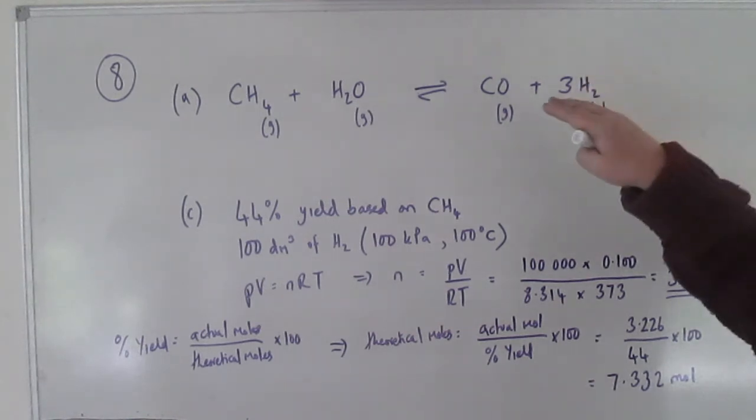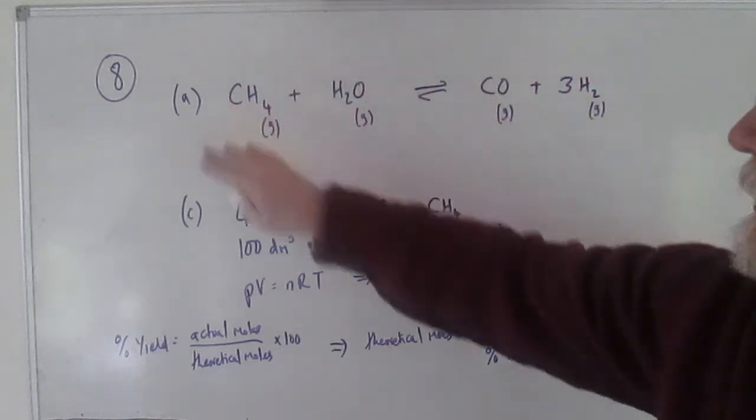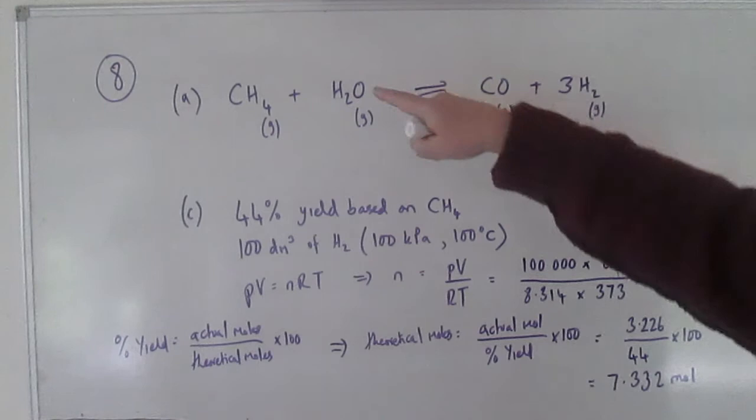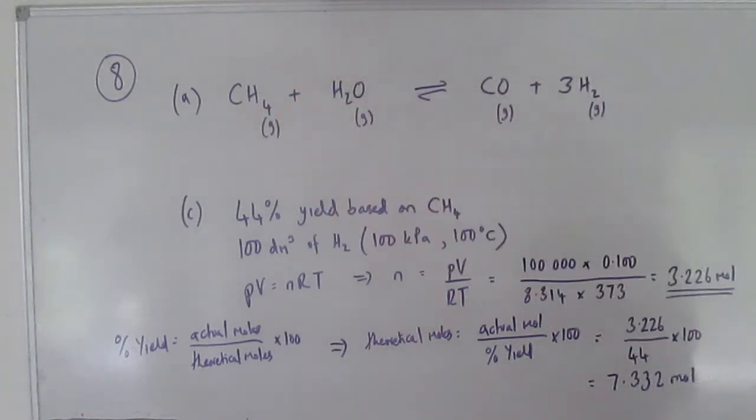So that's our theoretical moles of hydrogen. But as we said, the equation tells us that you get 3 moles of hydrogen from each mole of methane, theoretically. So if we want the moles of methane, we have to divide by 3.